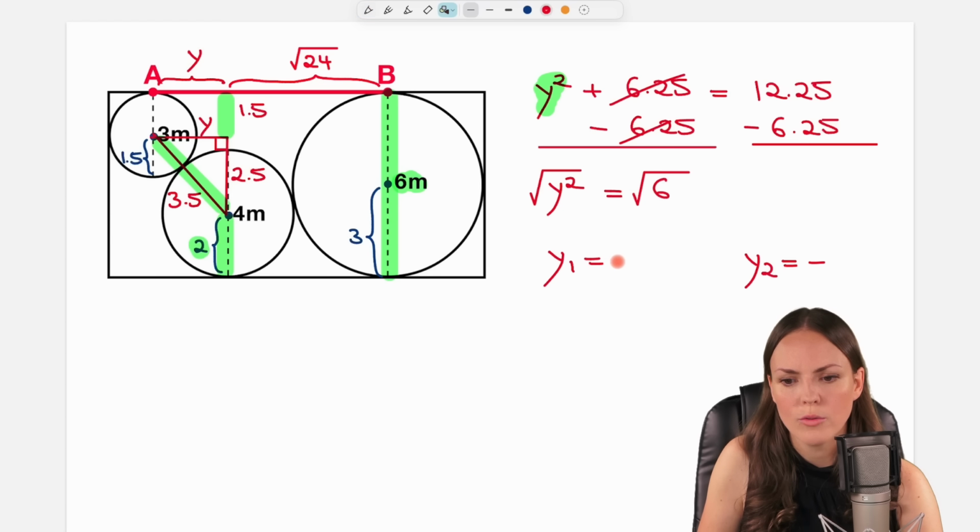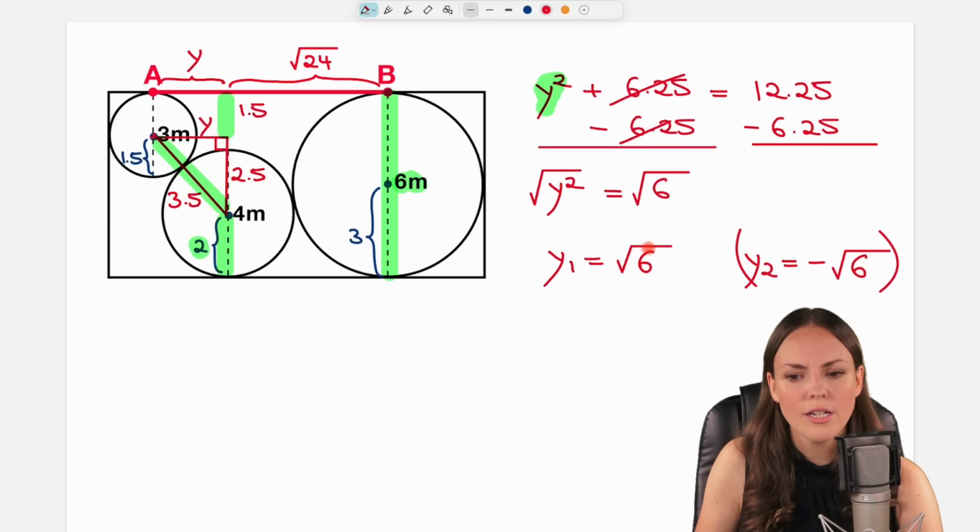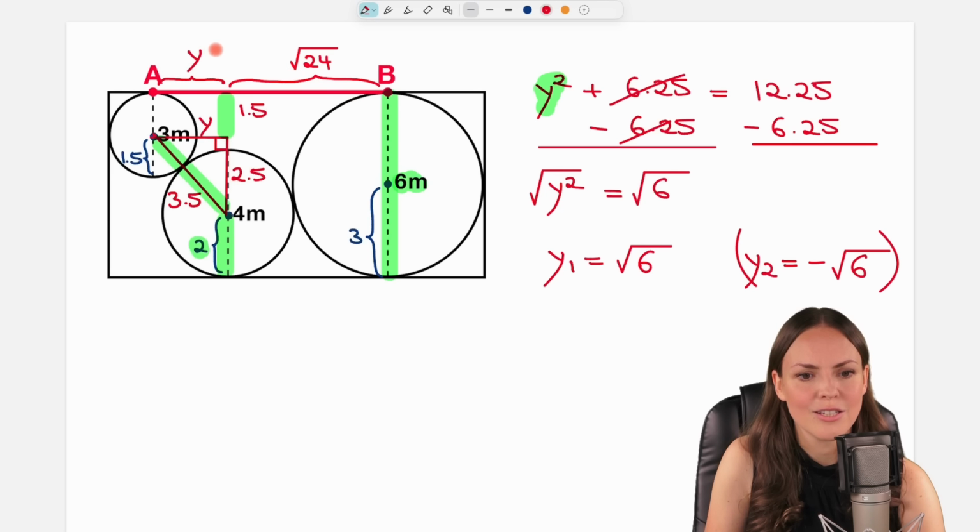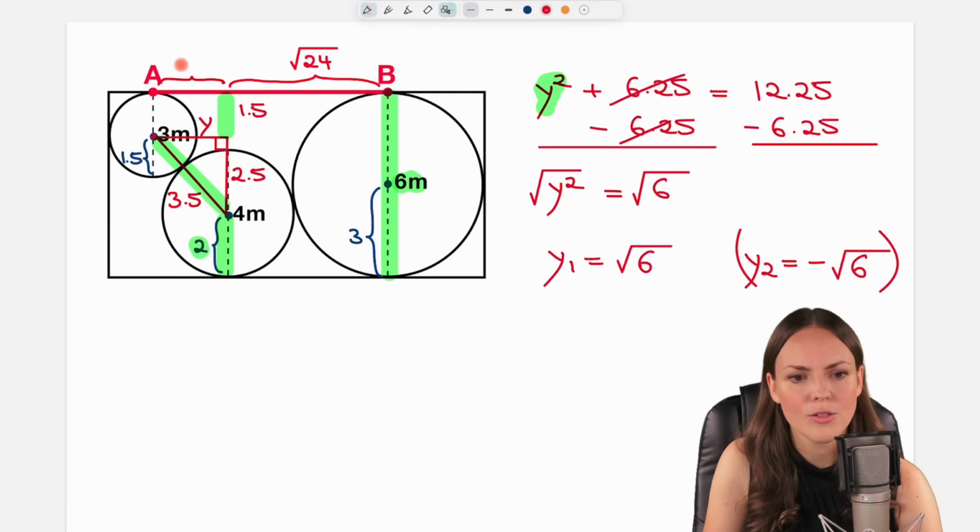The square root of 6 is our positive solution, and negative the square root of 6 here as well, although y is the length of a side again, so we are not interested in the negative solution. We take the square root of 6 for our y, so we know this length here now.